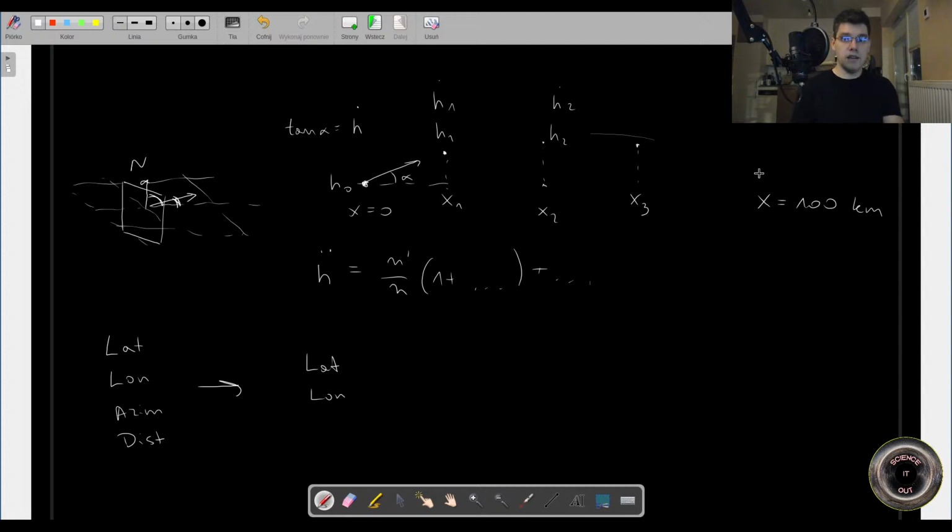Also, for even testing whether it intersects the terrain, we need to do this, because the terrain elevation can be different in different directions, right? So we need to know if at x equal 100 kilometers the terrain is at this elevation or at this elevation, and to do that we need to use the azimuth, the distance, and then calculate that into proper coordinates.